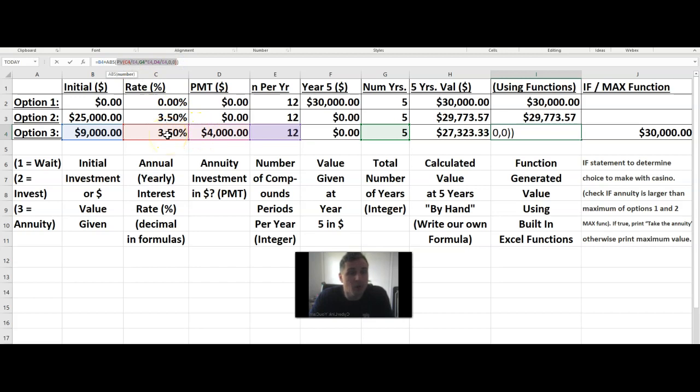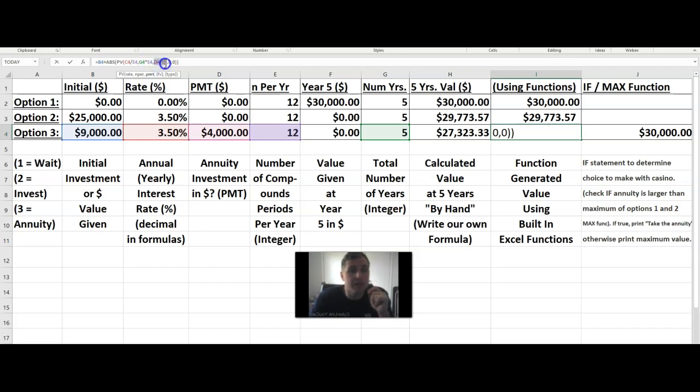C4 is the annual percentage rate, and E4 is the number of times we compound per year, which is 12. Then we do G4 times E4. G4 was the number of years and E4 is the number of times per year, so that's the total number of periods.